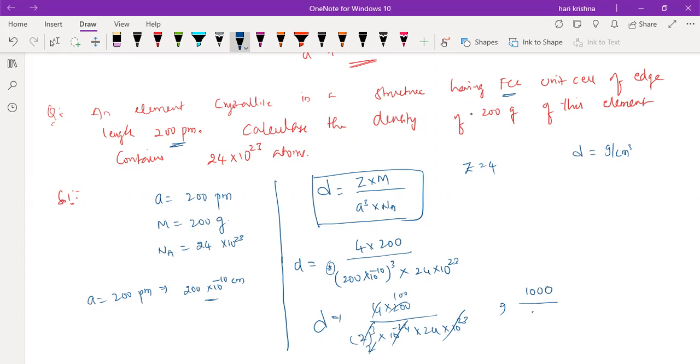That means 1000 by 24. Is it correct, calculation part? Yes, sir. So you get approximately 41.67 gram per centimeter cube. Fine. So these are numericals on the density formula.